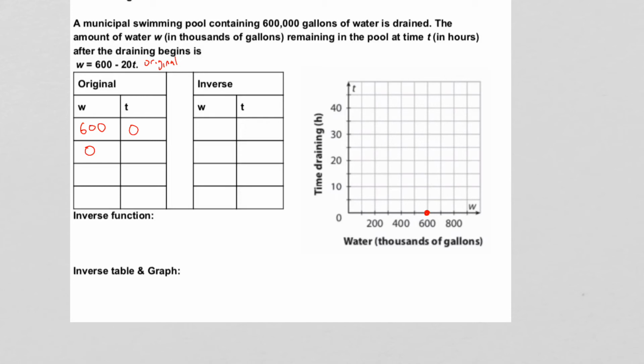How much time would that be? Well, if I plug in 0 for W, I'm going to get 0 is equal to 600 minus 20t. I can add 20t to both sides. Hopefully your algebra game is strong. 20t is equal to 600, and then what's 600 divided by 20? To divide both sides by 20, you're going to get 30.